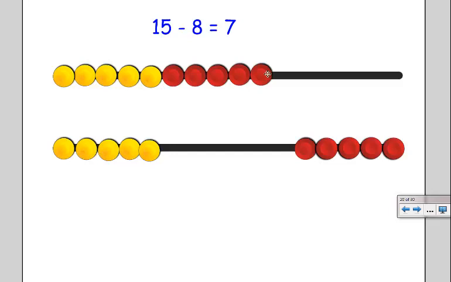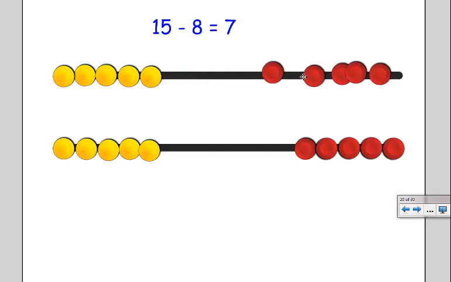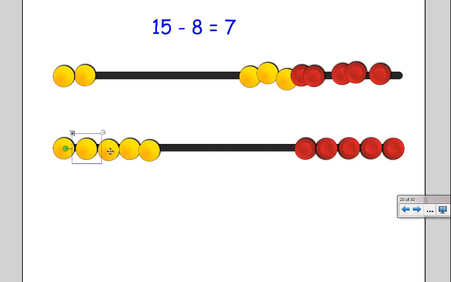So I could just grab these 8 beads and move them over. 1, 2, 3, 4, 5, 6, 7, 8. And when I look at my answer, this is what I have left. This is my difference. 5 on the bottom, 2 on the top. 5 and 2 make 7. And this really represents our equation. 15 minus 8 equals 7.